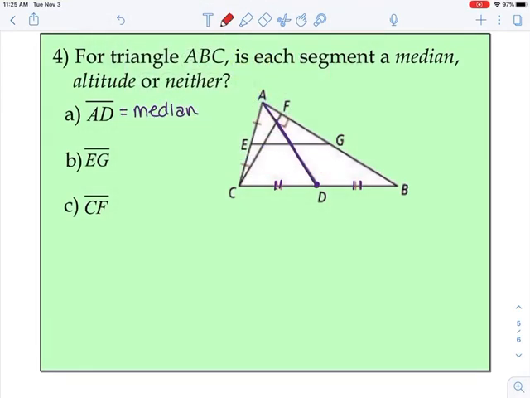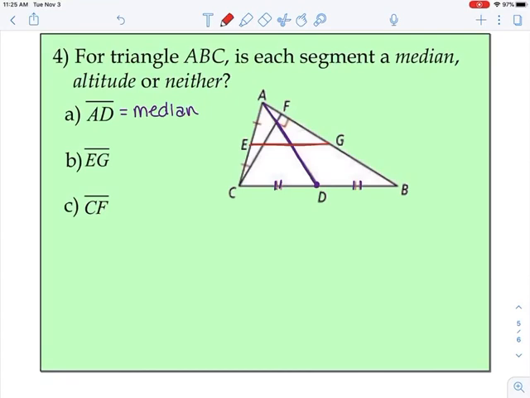For EG is this line segment right here. And without being told anything else, you cannot assume that that is going to be a right angle on this side over here. I want to really draw it. You can't assume that that's a right angle because you were not told. Okay, and it's also not a median.